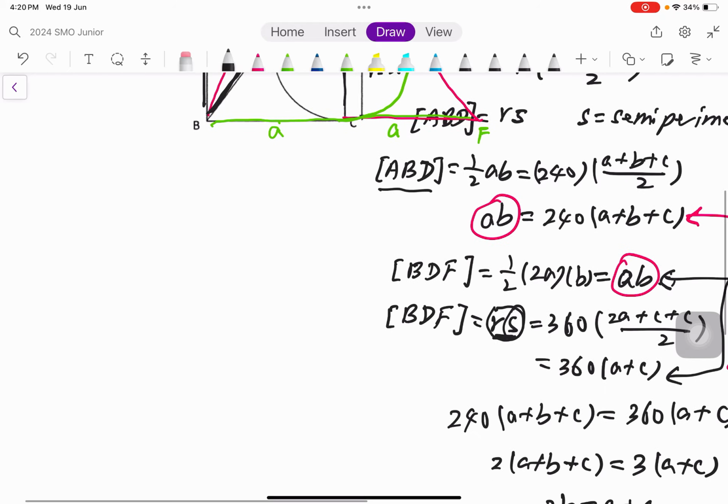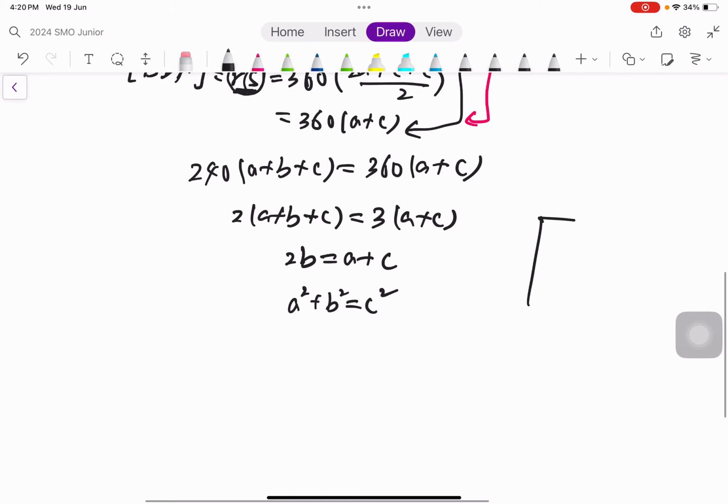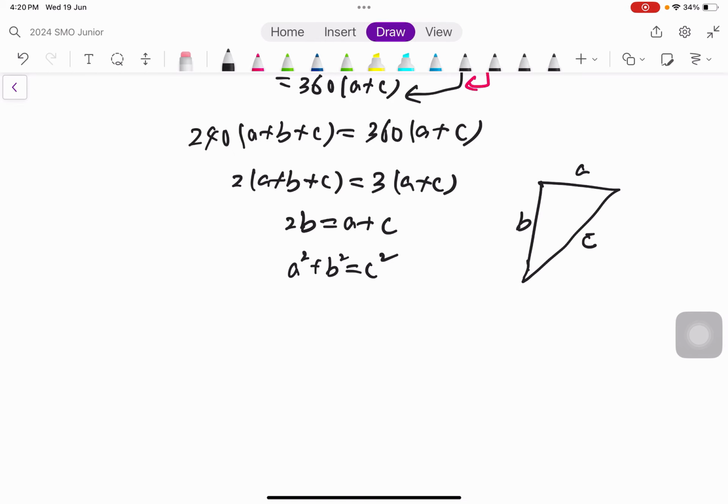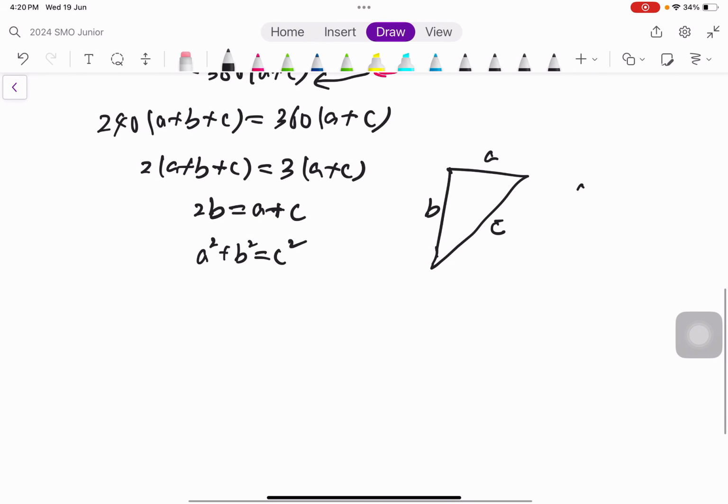You can observe, because of the fact that A plus C, right? Look at this triangle here. This is A, this is B, this is C, right? And it is given that, I think this one you need to be very intuitive, 2B is equal to A plus C.